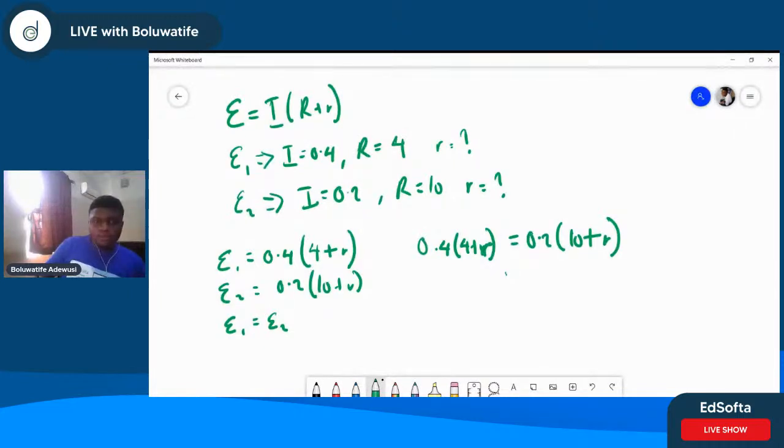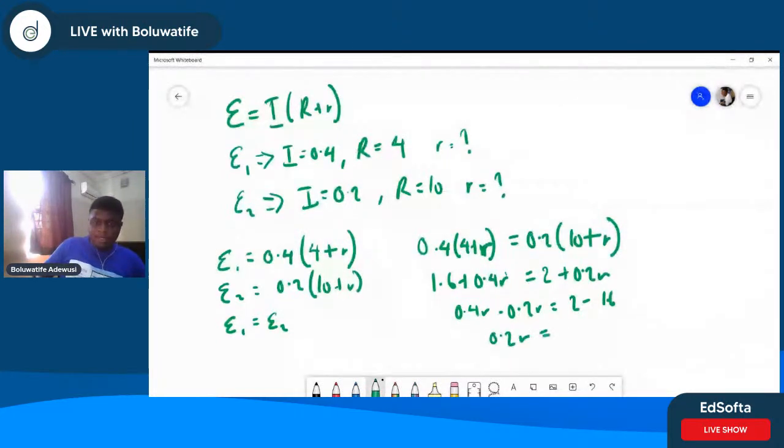If I open the bracket here, 0.4 times 4 is 1.6 plus 0.4r, which equals 0.2 times 10, which is 2, plus 0.2r. Collecting like terms, I'm going to put all the r's on the left hand side. 0.4r minus 0.2r equals 2 minus 1.6. 0.4r minus 0.2r gives me 0.2r, and 2 minus 1.6 gives me 0.4.